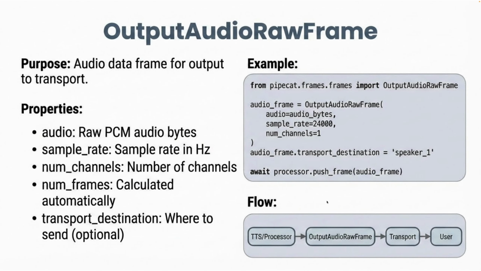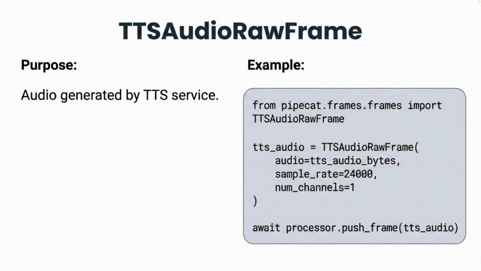One difference between output audio raw frame and TTS audio raw frame is that sometimes after TTS we have a processor which receives this TTS audio raw frame and converts that frame into output audio raw frame.